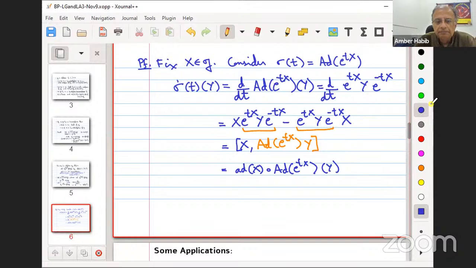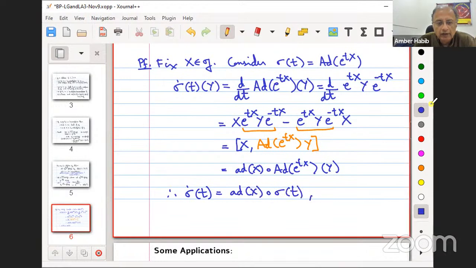But this was actually the sigma t, right? This Ad of e^{tx}. And therefore, what we have got is that sigma dot t is ad x composed with sigma t. And also, let's note what is sigma 0. Okay, it's Ad of e^0, so that's identity.